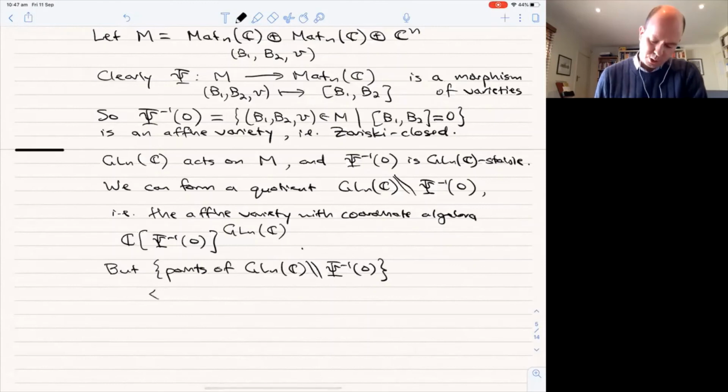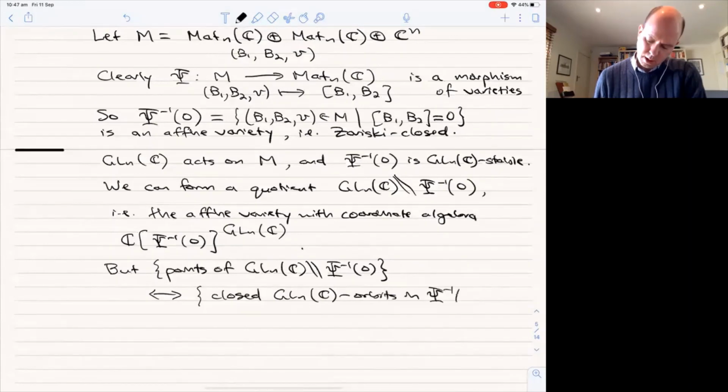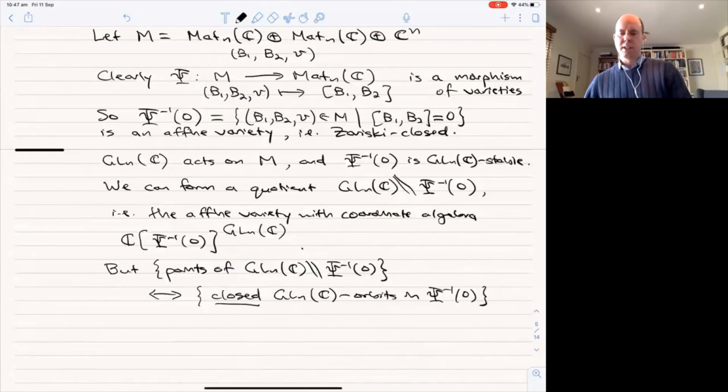They correspond to closed GLN(C) orbits in here, just the orbits which are closed for the Zariski topology. This is part of the general problem of taking quotients in algebraic geometry: you don't have enough functions to distinguish between all the orbits, because all you have are the polynomial functions. So you can't distinguish between two orbits if their closures intersect.